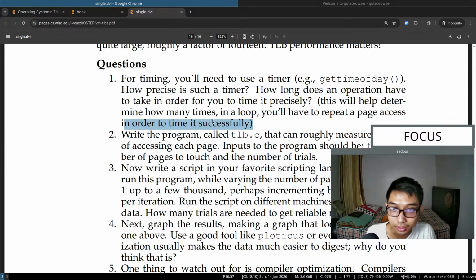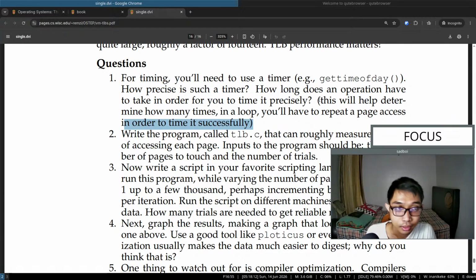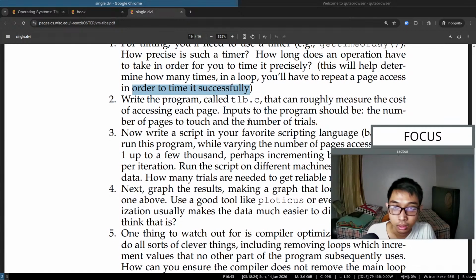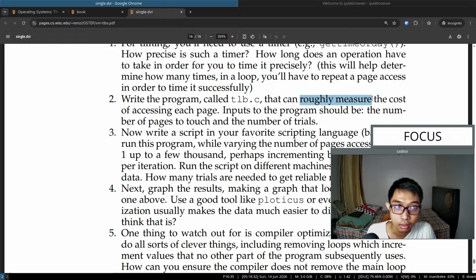This will help determine how many times in a loop you have to repeat a batch of accesses in order to time it successfully. Write a program called tlb.c that can roughly measure the cost of accessing each page. Input to the program should be the number of pages to touch and the number of trials.